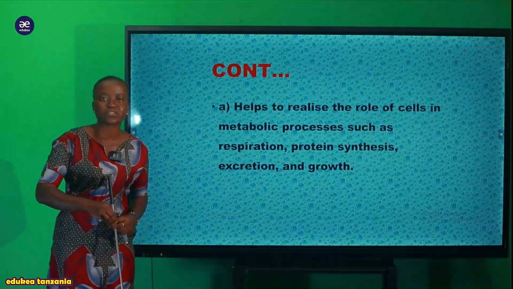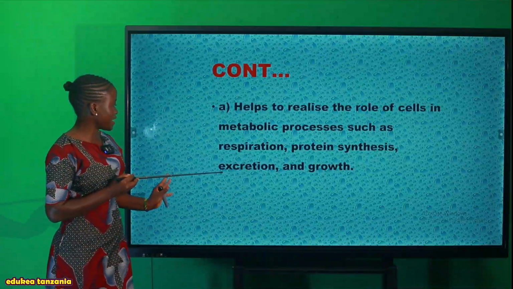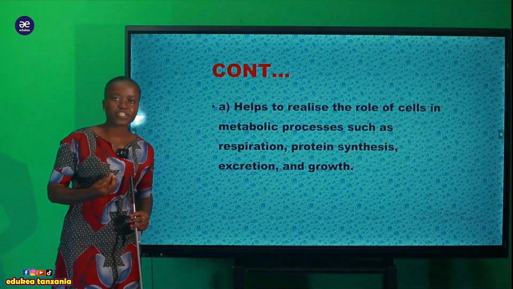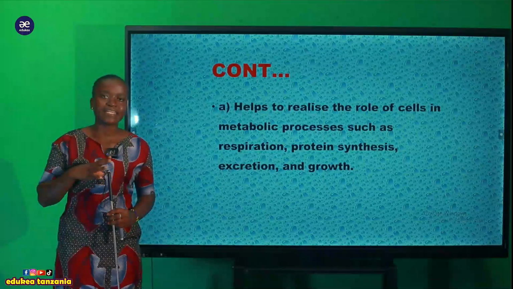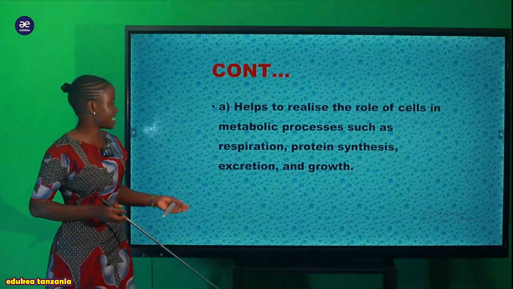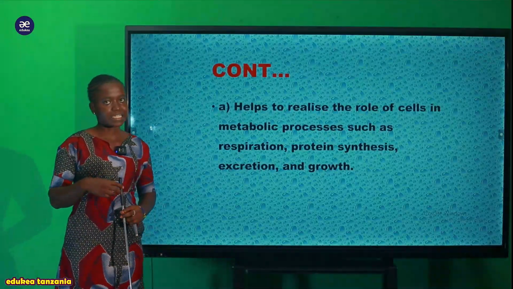Kivipi protein inatengenezwa ndani ya kiumbe hai. But also excretion. Kivipi excretion inatokea ndani ya living organism. You know that excretion is just the removal of metabolic waste in a living organism.